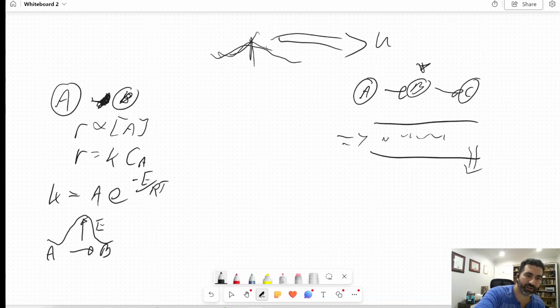This energy barrier is E, yes, this E, and then this needs to vibrate or fluctuate in such a way that it can spontaneously get over that energy barrier and arrive at B, and that's why you have RT there. That's why you have that energetic effect. The important thing is to note that you have the temperature appearing there. And again, for computational multiphysics, of course, that's going to be important.